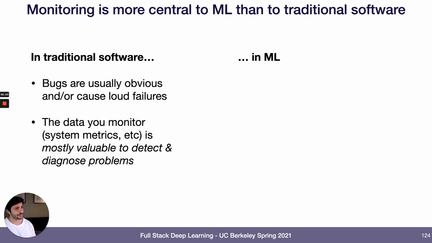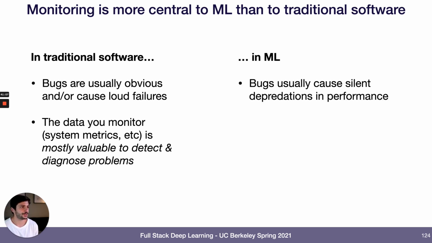In machine learning, monitoring is in some sense much more central to the entire process of building and iterating on machine learning models than it is in traditional software. The two main reasons for this. One is that, unlike in traditional software, in machine learning, normally when you have a bug, what that bug leads to is just a silent degradation in performance. And so these bugs can be extremely difficult to catch because they have very little signature.